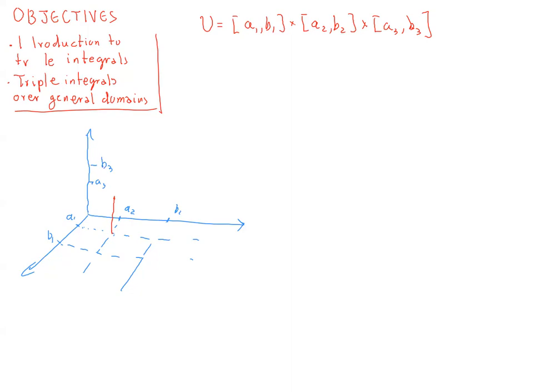So let's try to draw this box elevated at this point right here, like so. And then let's also elevate it to height b3. So I need to go a little bit higher, like so.